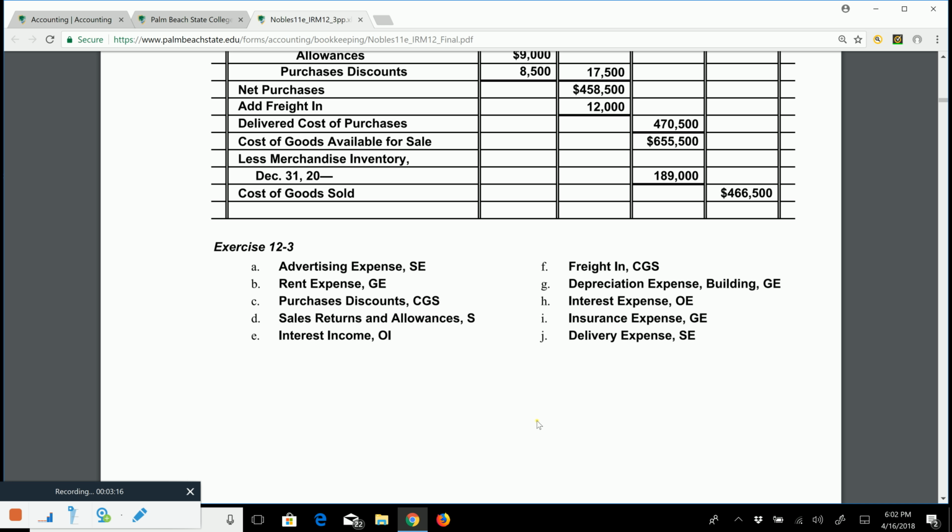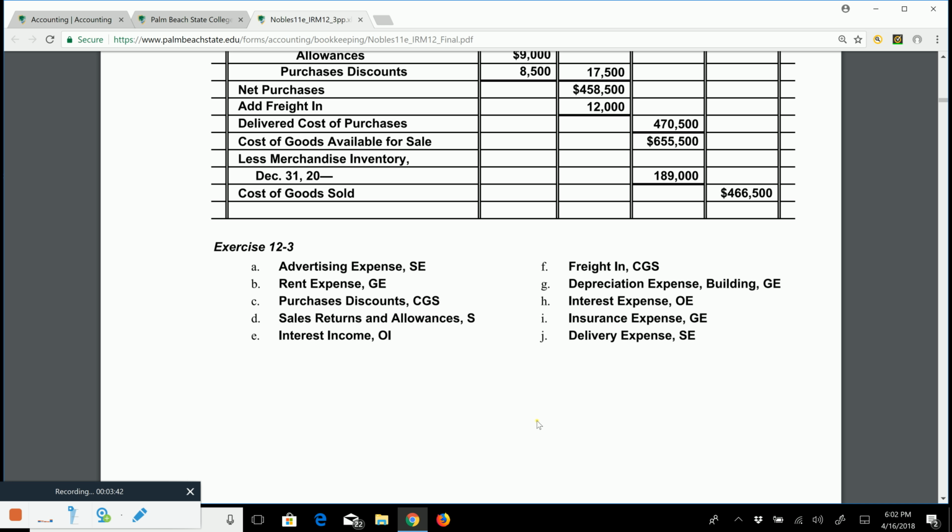And we're going to put that in an other income section towards the bottom of the income statement. We have freight in. This is the freight that we pay to buy the inventory and ship it to us from our suppliers. That goes hand in hand with the purchases account in the cost of goods sold section.